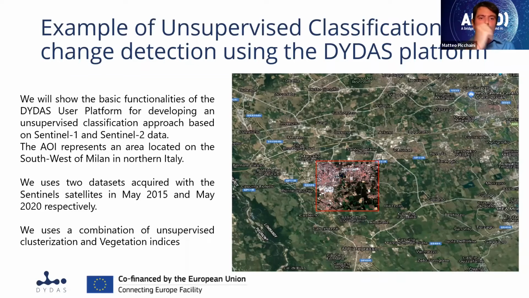In particular, we will focus the attention on a specific area of interest represented here in this slide, and located in the southwest of Milan in northern Italy. We use two datasets acquired with the Sentinel satellites in May 2015 and May 2020, respectively. And the exercise will use a combination of unsupervised clusterization with a vegetation indexes approach.